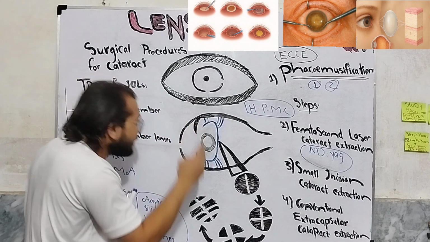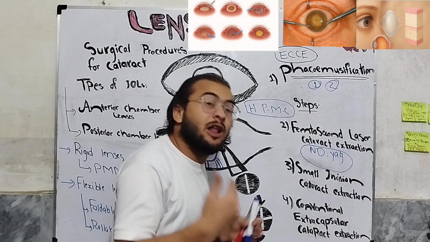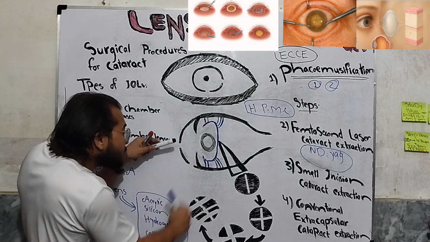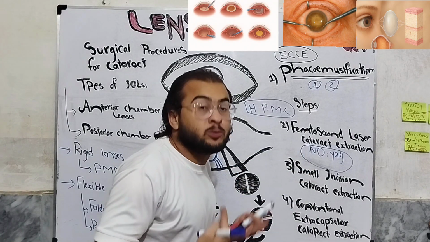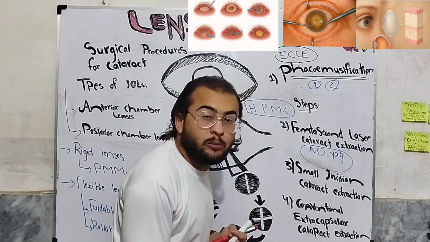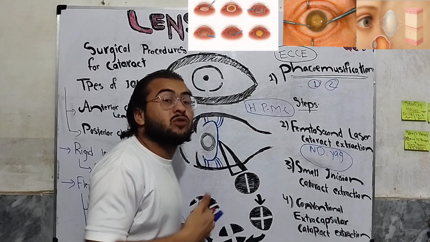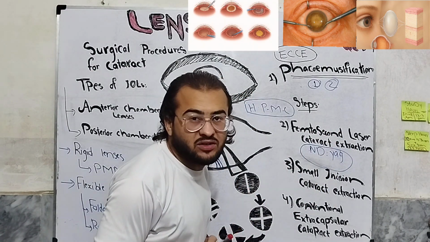So the incision and the breaking of the lens will be very accurate, and it will also reduce the instrumentation, as at last we will aspirate the debris. So there will be no need of a chopper and further instrumentation. That's why the advantages are that it will reduce instrumentation and hence post-operative complications.